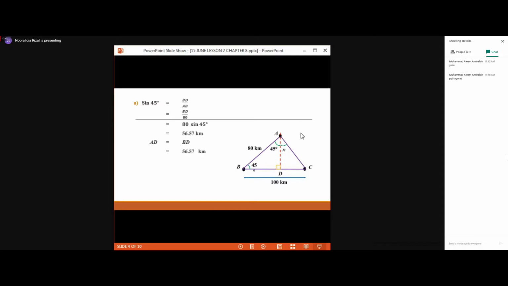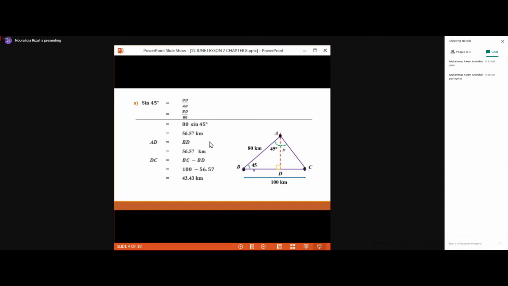Remember, our mission is to find AC, the distance from port A to your ship. Your ship is currently at point C. So now, what else can we do? We can find out how much is DC, because I gave you BC is 100 kilometer. BD you have found out already is 56.57. So DC will be 43.43.